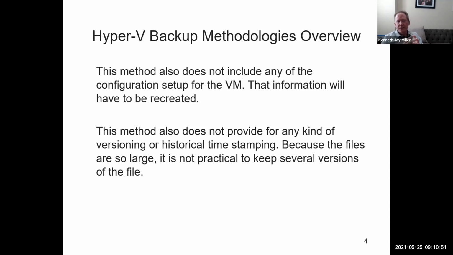Because the files are so large, it's not practical to have multiple copies of them. Because if each hard drive is, say, a terabyte or greater, and you want to say, okay, I need to have 10 previous versions, that means wherever you're storing these, you need 10 terabytes per VM.